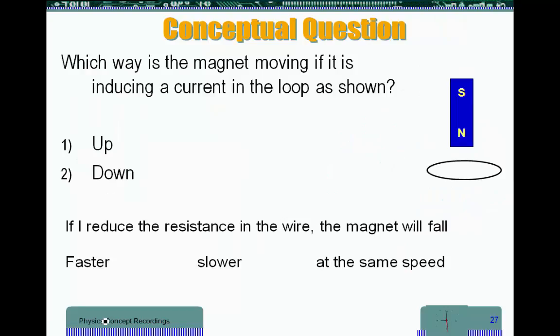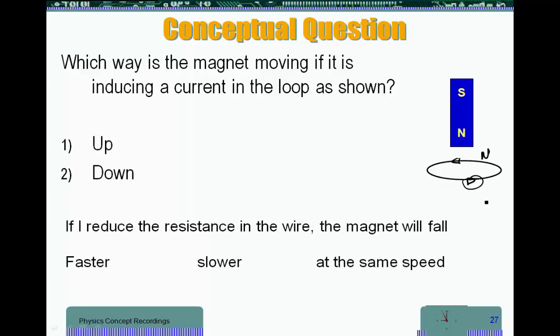In this case, we have a current in the loop, I forgot to draw it, that's flowing in this direction. If the current is flowing in this direction, that means, using the right-hand rule again, thumb is in this direction, fingers wrapped around the wire, so my magnetic field due to this current is pointing up.